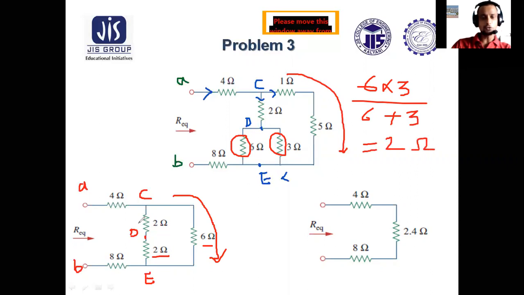So what can you conclude? To reach E from C, you have 6 ohm and you have a combination of two series connected resistors of 2 ohm. One 2 ohm is given here. Another is the parallel combination of 6 and 3, which will give us 2 ohm.